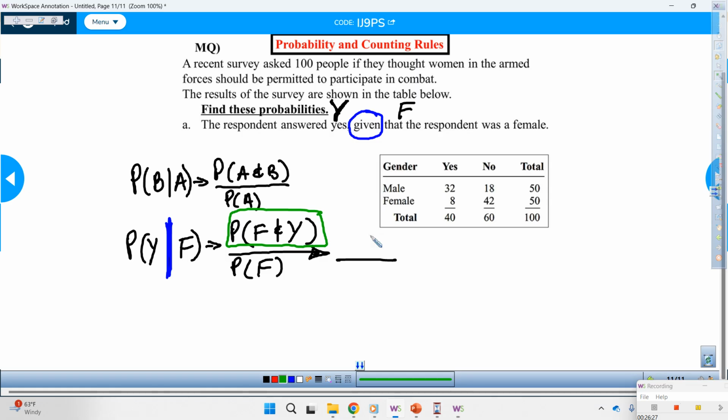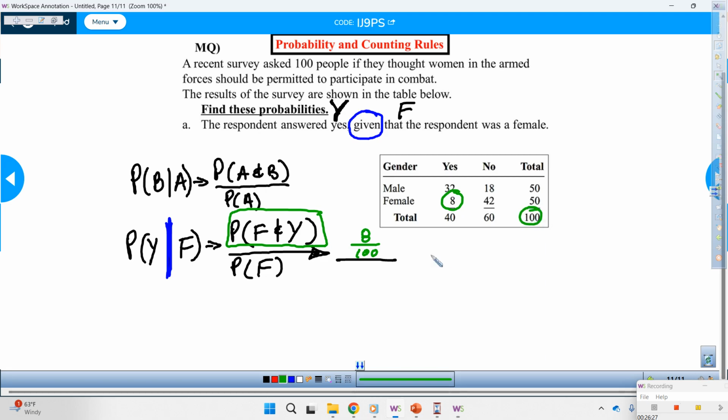Alessandra's going to pass someone. Carter. Very close. 8 is correct. Over 100, that is correct. 8 over 100.